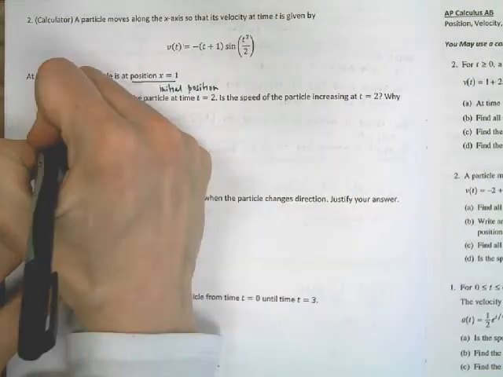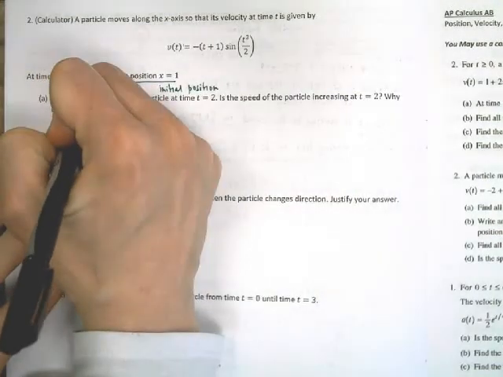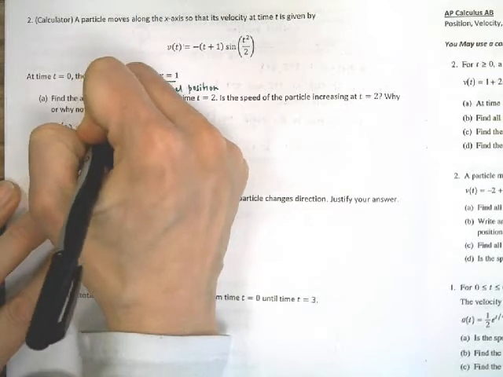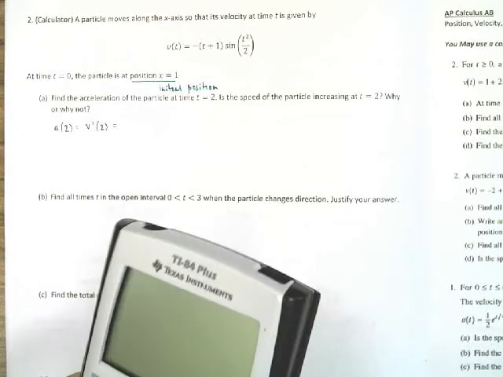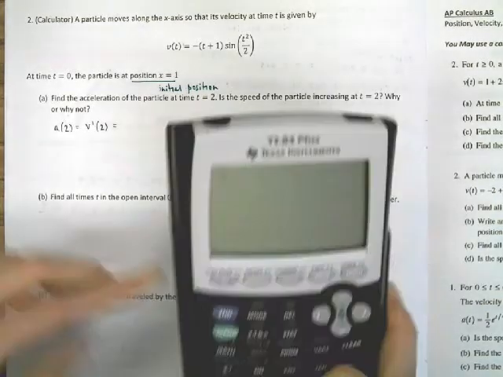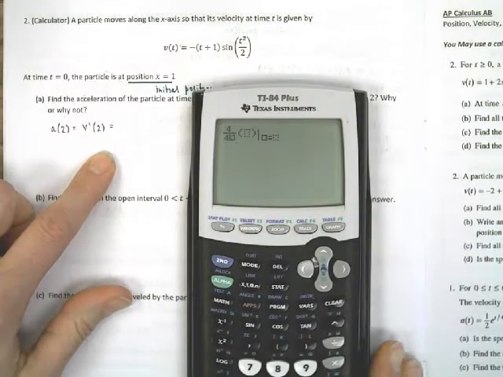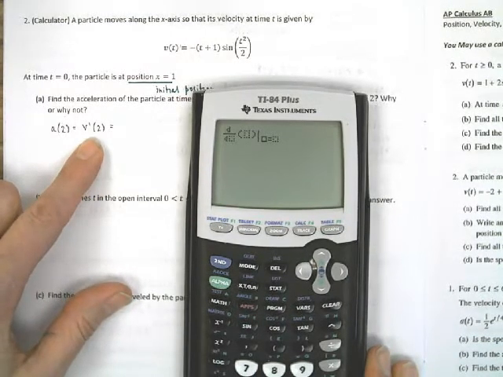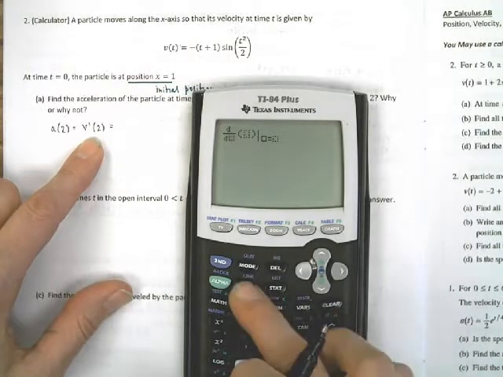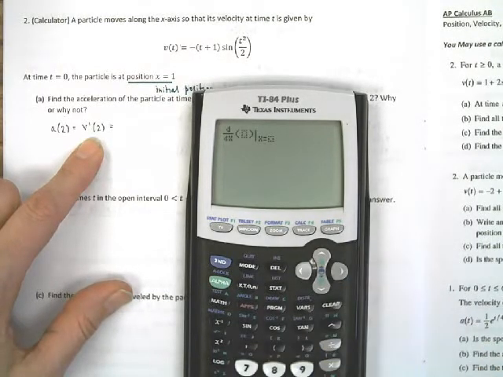Okay, so part A says find the acceleration of the particle at time t equals 2. Well, I know the acceleration at time 2 is just the first derivative of velocity evaluated at time 2. So I'm going to use my calculator. I'm going to use my Math 8 function to find the derivative of velocity and evaluate it at time t equals 2. So I'm taking the derivative with respect to x.